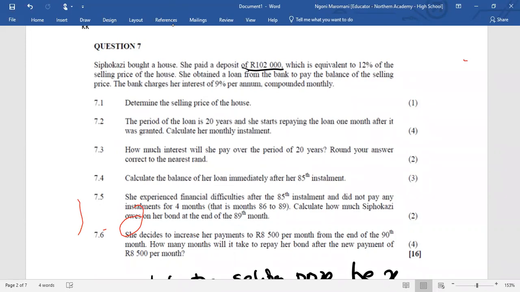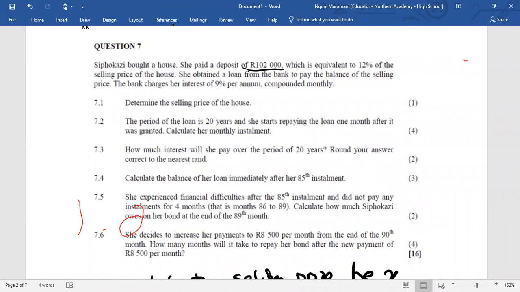Okay, let me ask this one. How much was the house? 850,000. And Sipokas was having how much as a deposit? 102,000.